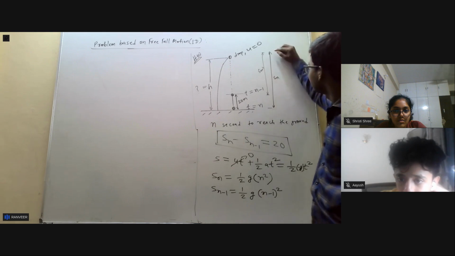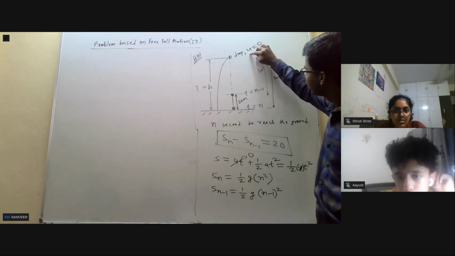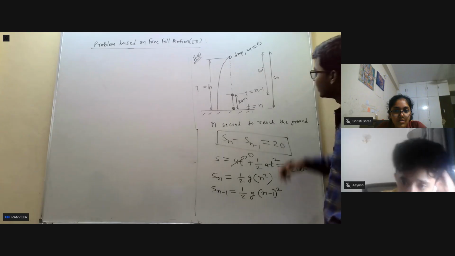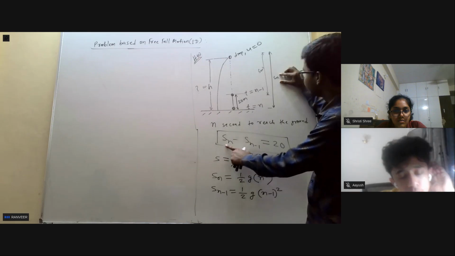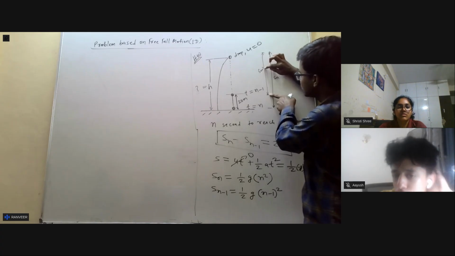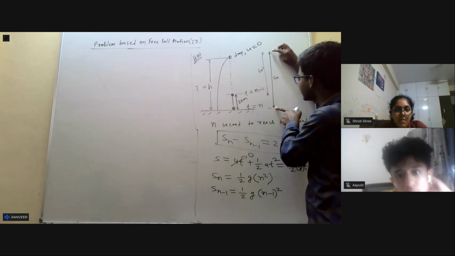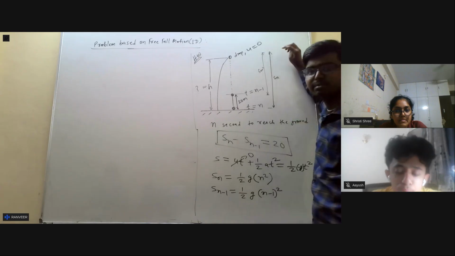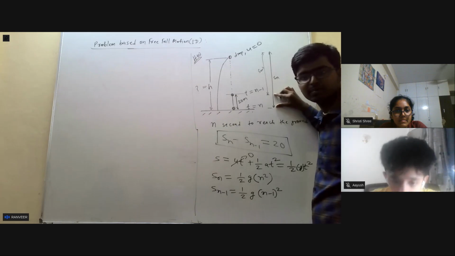So I have just assumed that the total time taken is n, and in the nth second it reaches the ground. So what is the distance traveled in n seconds? That I calculated. And then I calculate the distance traveled in n minus 1 seconds, and I subtract: distance traveled in n seconds minus distance traveled in n minus 1 seconds. We look at the distance traveled in the nth second, correct?